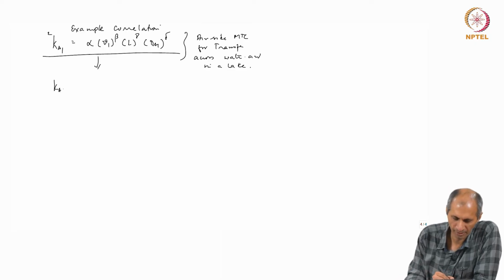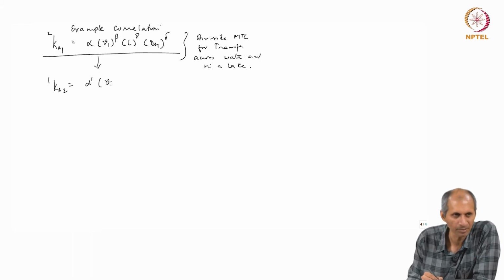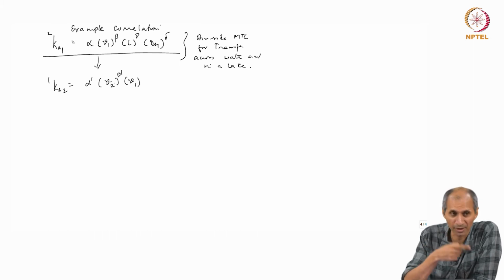Similarly, I may have another correlation for the water side coefficient, which may also have alpha bar into V. Now, the water side part may depend on V2, it may also depend on V1. So, V2 depends on V1. If there is thermal convection, it may depend on the temperature.